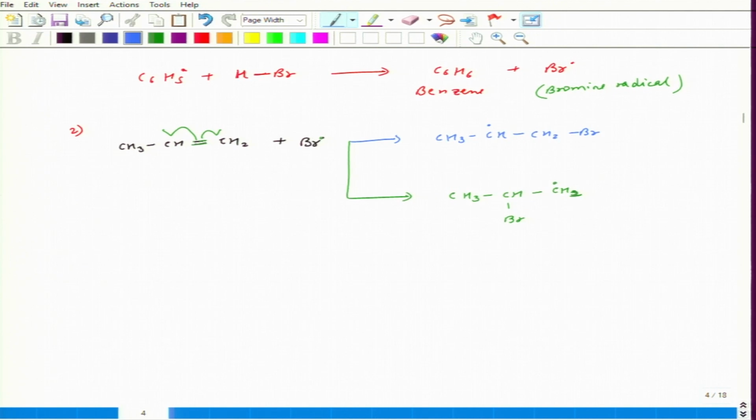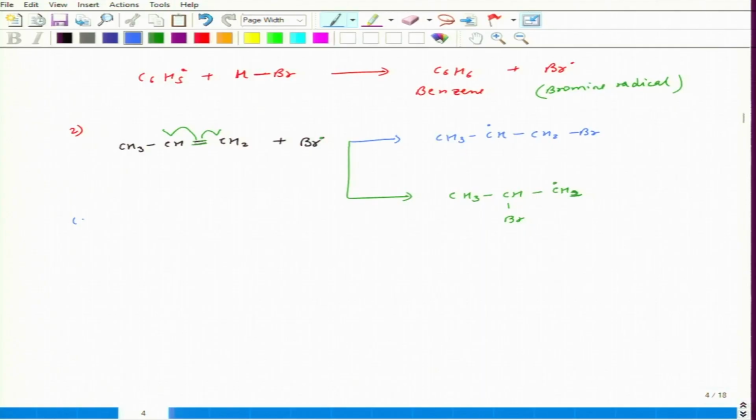Remember, in Markovnikov's addition we have carbocations as the intermediate, while in this anti-Markovnikov's addition we have radicals as the intermediates. Okay.